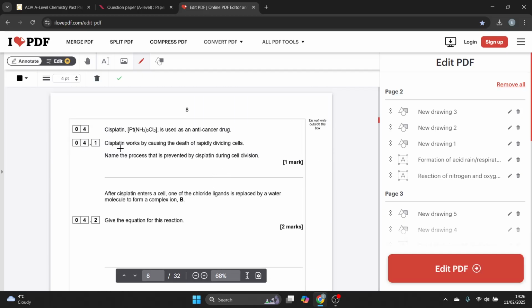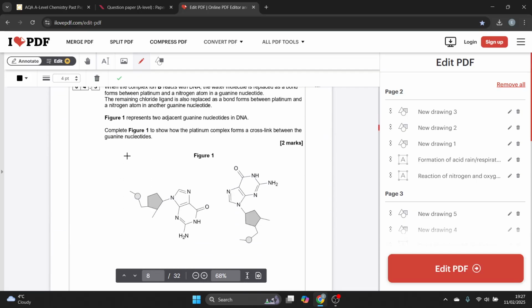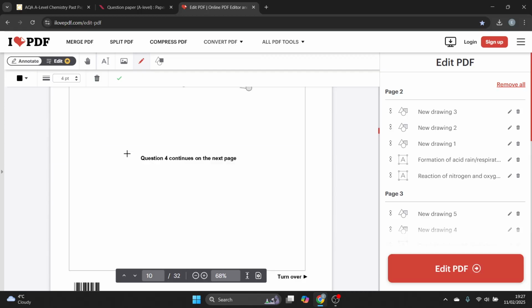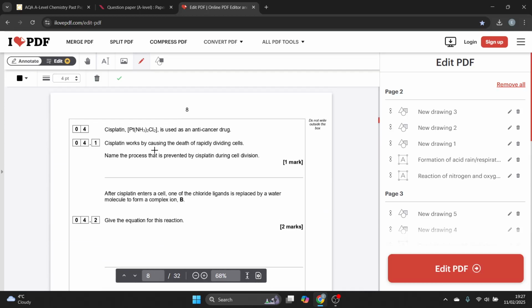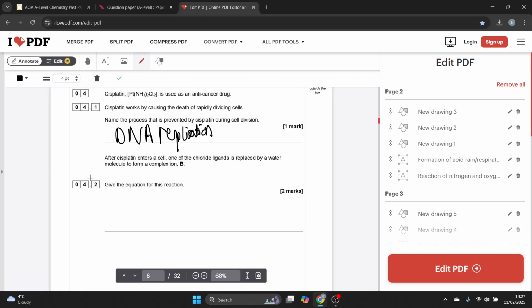Name the process that is prevented by cisplatin during cell division. I think I can go through this. DNA replication. I haven't gone through chloride ligands and all of that.